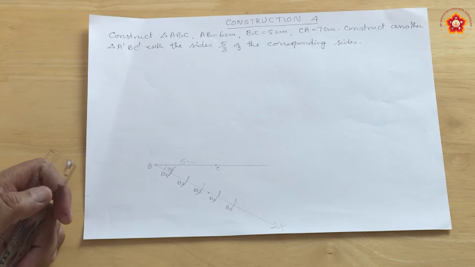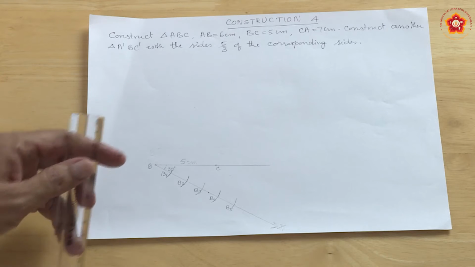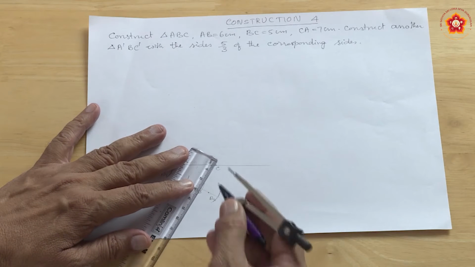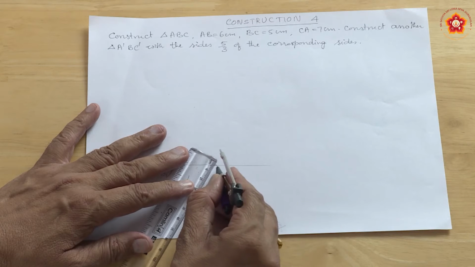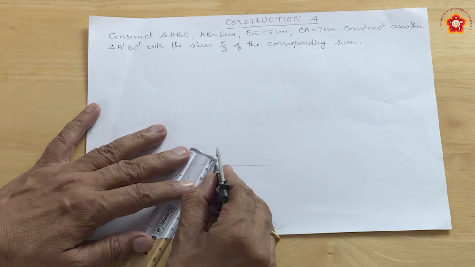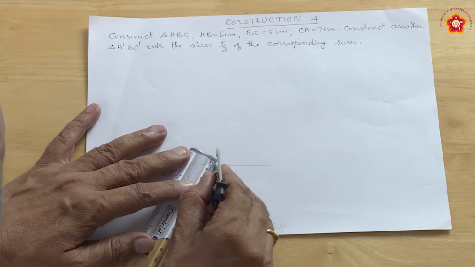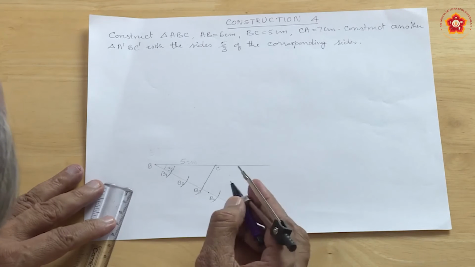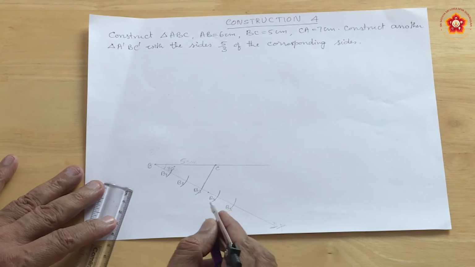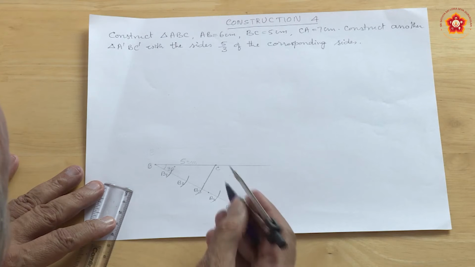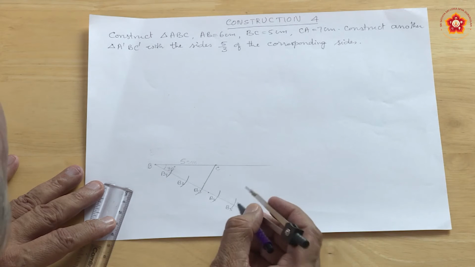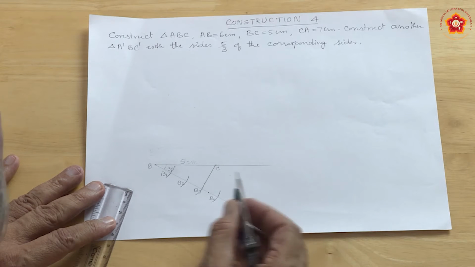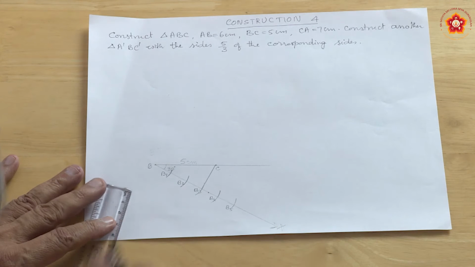Now join B3 to C. Join B3 to C. You have to construct a line parallel to B3C from B5. So we are going to get a triangle.